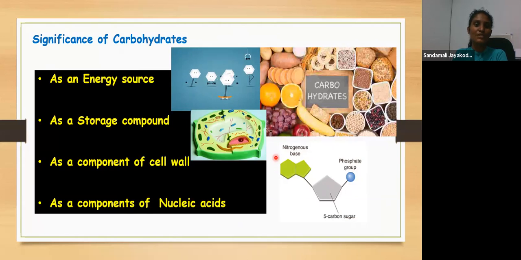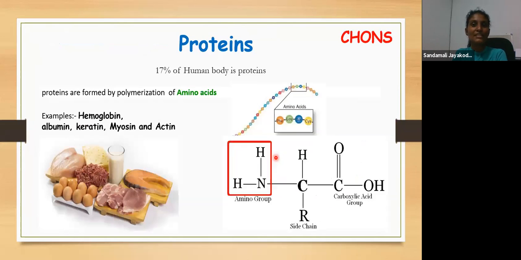Now we are moving to our next group of organic molecules, major biological molecules. The second group, that is proteins. As I told you earlier, it contains CHONS, that means carbon, hydrogen, oxygen, nitrogen, and sulfur. So these are the main elements present in proteins.